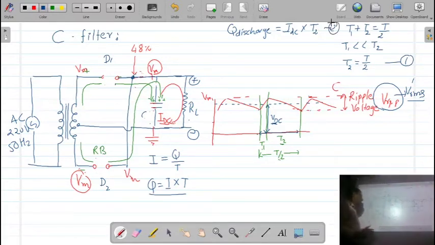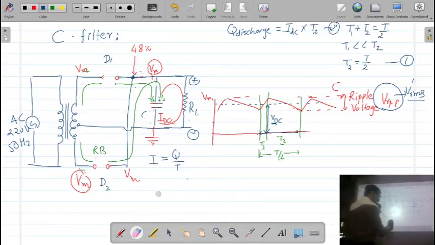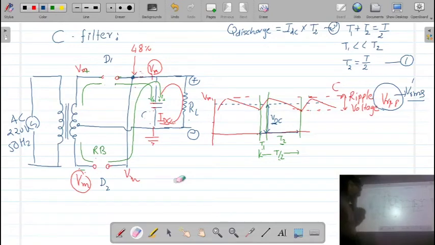Now whatever the amount of the discharge is there, remember, the same amount of charge will be present on the plate of the capacitor according to the conservation law of charge. So again we will use this formula. What is the relation between the capacitor and charge?